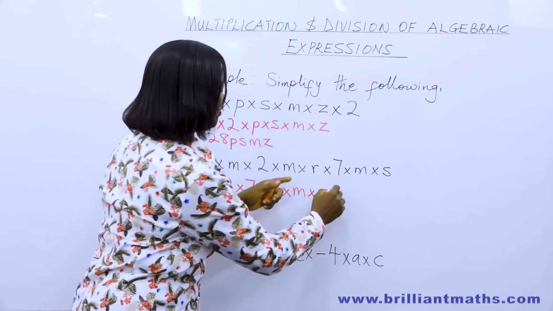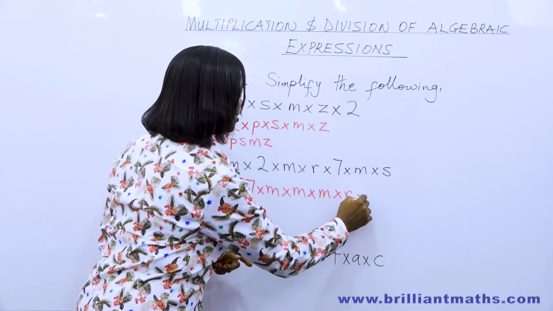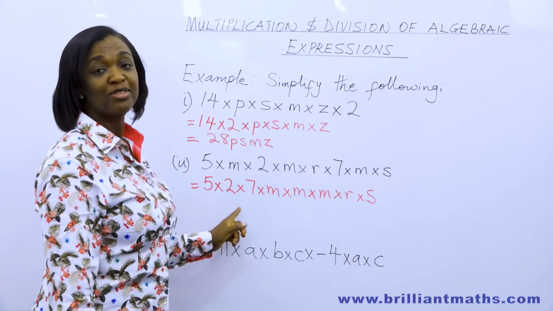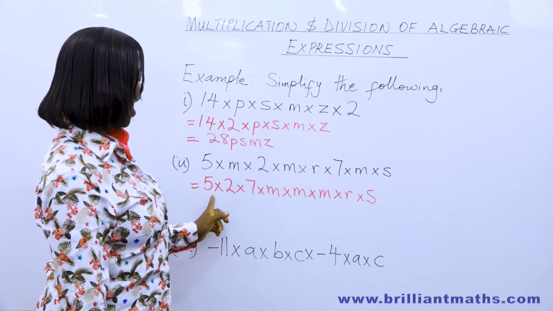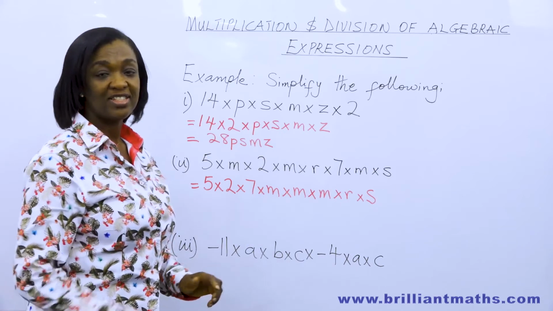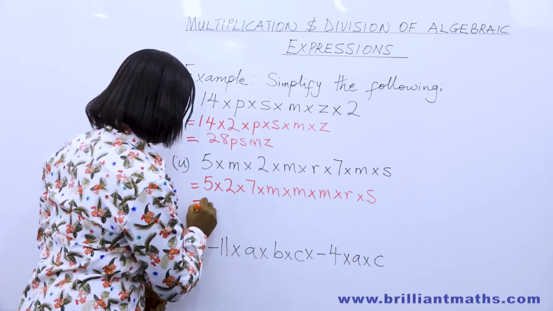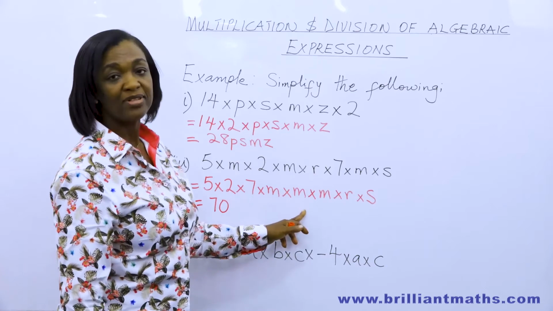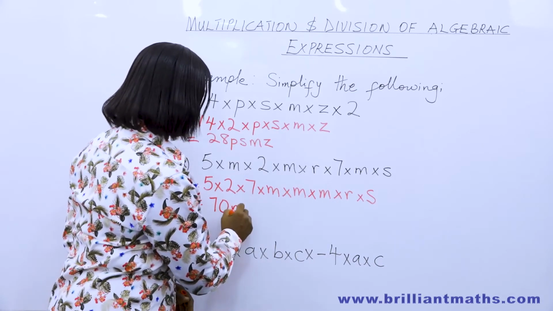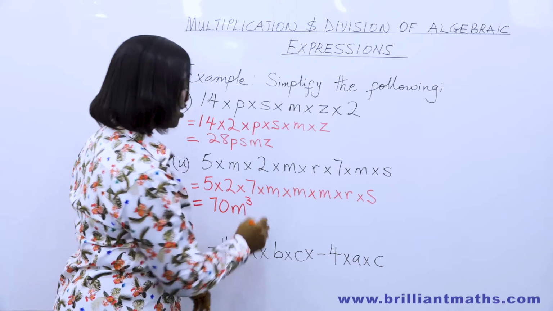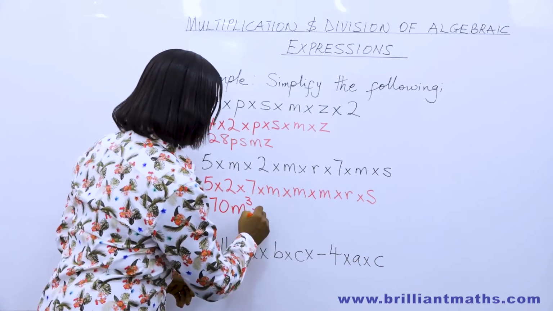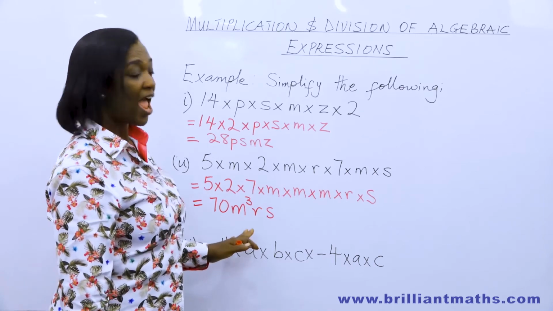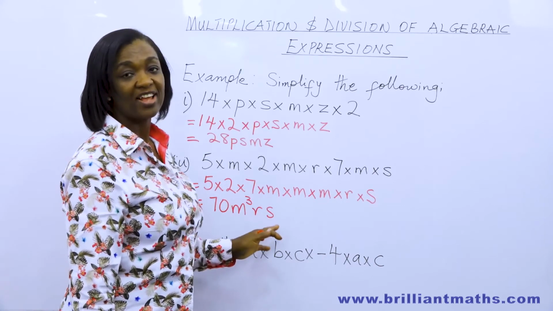Times m times r times s. So 5 times 2 is 10, and 10 times 7 is 70. So we have 70. m times m times m is m to power 3. And then rs. So the answer is 70m cubed rs.